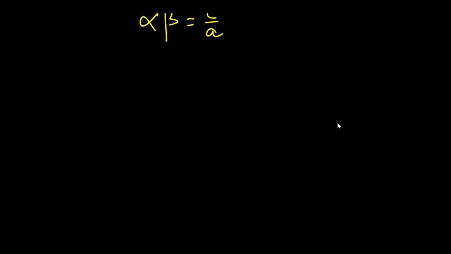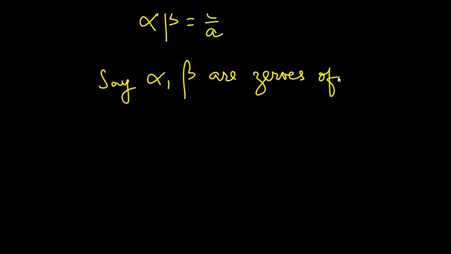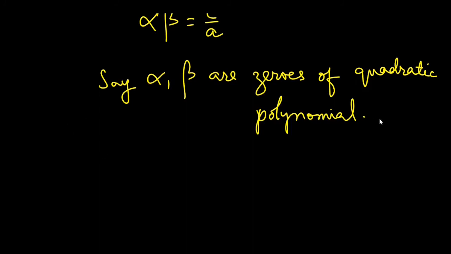Let us see how do we get this relation algebraically. Say alpha and beta are zeros of a quadratic polynomial. Then how do we write the quadratic polynomial? The zeros are given, zeros are alpha and beta.